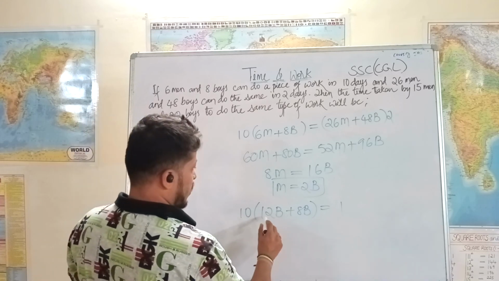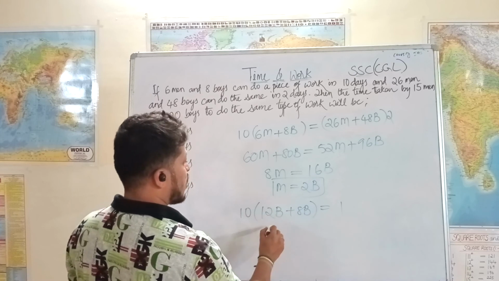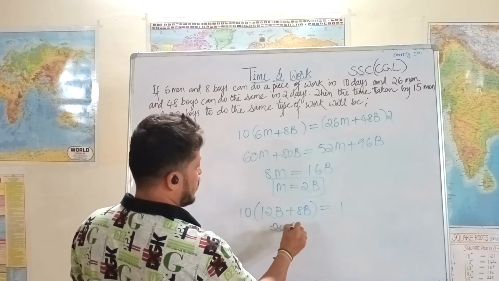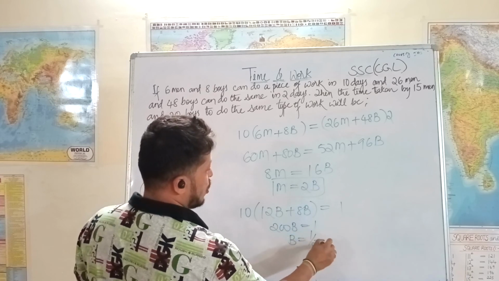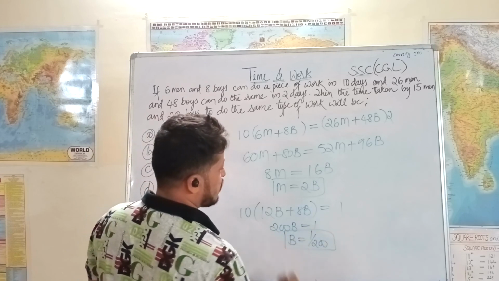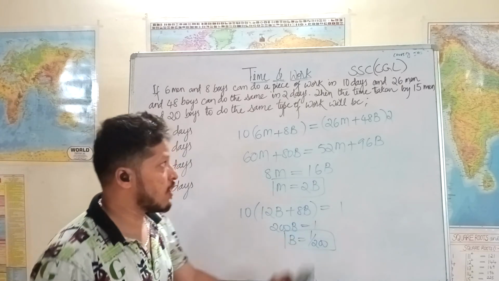Right? So 12 plus 8 is 20, 20 into 10 is 200B is equal to 1. That means the efficiency of a boy is 1 by 200. That means one boy does 1 by 200 of the work in one day.